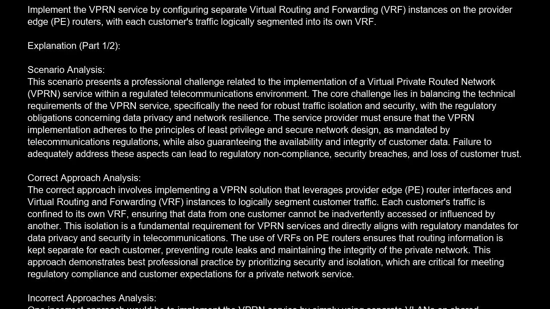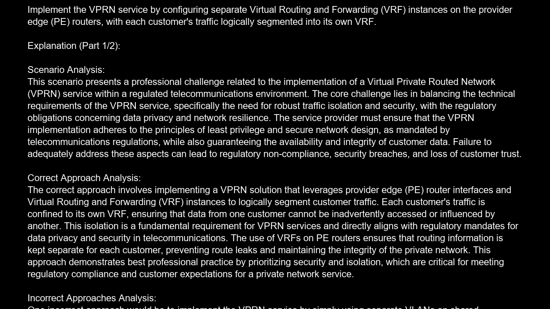Correct approach analysis. The correct approach involves implementing a VPRN solution that leverages provider edge, PE, router interfaces and virtual routing and forwarding, VRF, instances to logically segment customer traffic. Each customer's traffic is confined to its own VRF, ensuring that data from one customer cannot be inadvertently accessed or influenced by another.